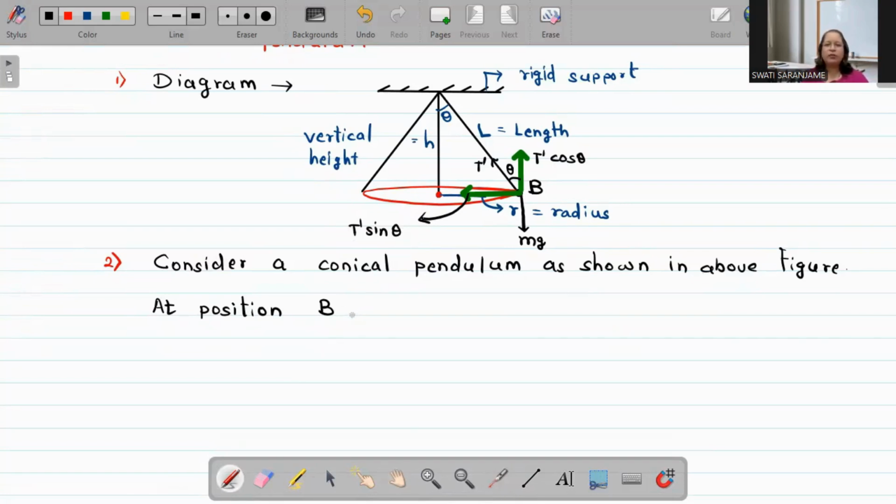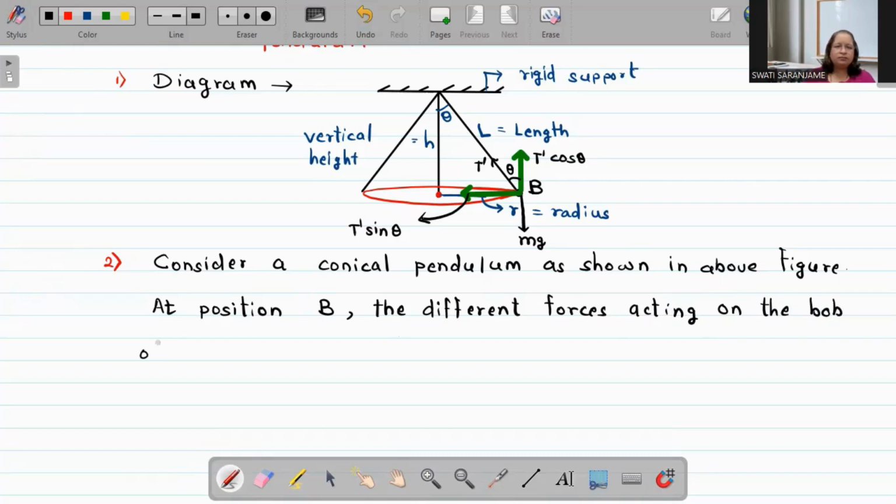When the bob of the conical pendulum is at position B, the different forces acting on the bob of the conical pendulum are as below.